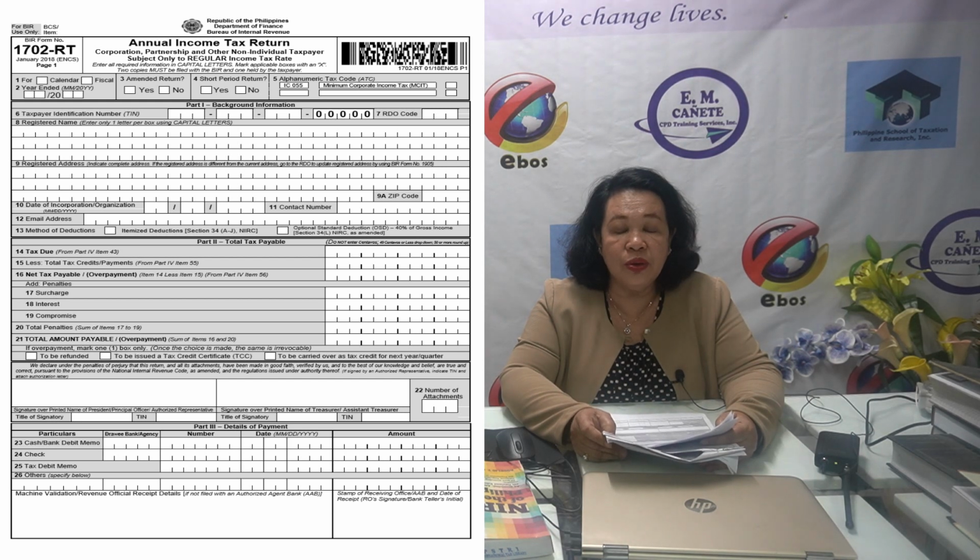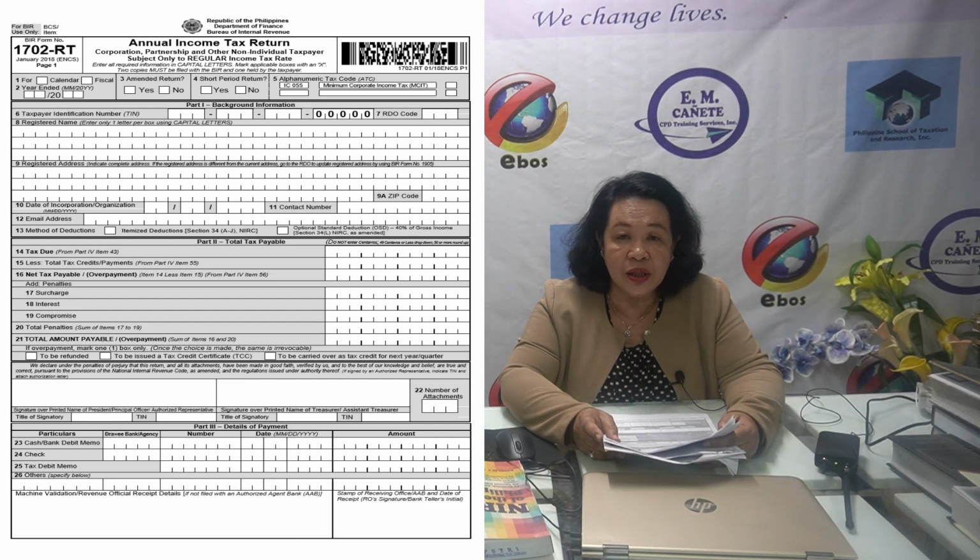Corporations are allowed to use fiscal year. And what is this fiscal year? Fiscal year is also one taxable year consisting of 12 months, but the beginning is not January. So if it will not begin in January, it will not end in December. If your fiscal year begins with February, it will end January the following year.